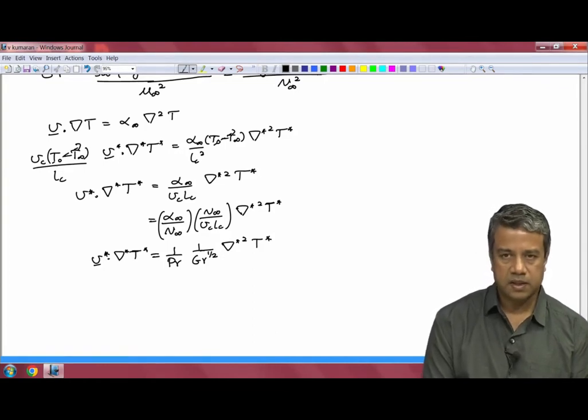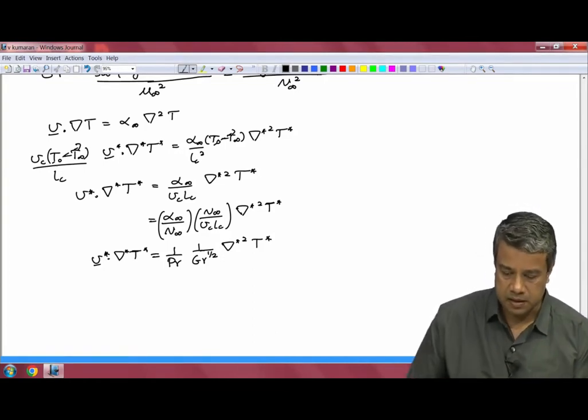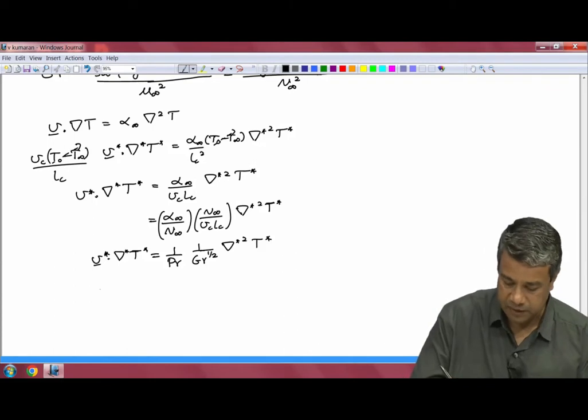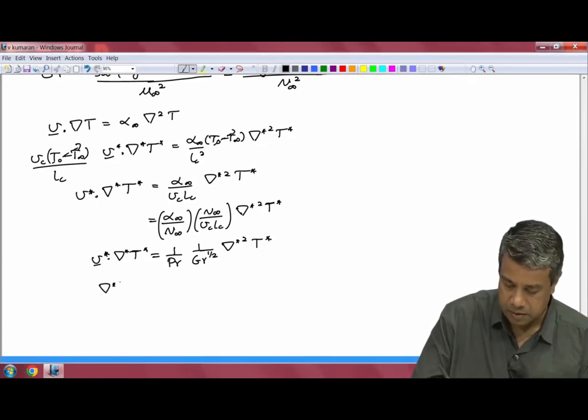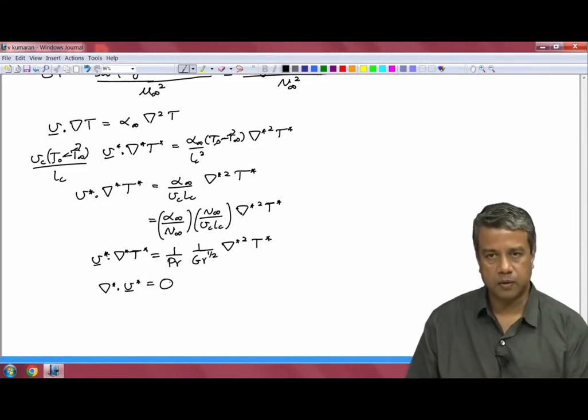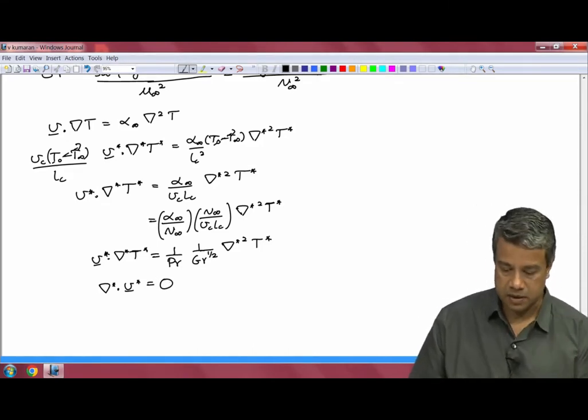So, let me write down once again what are the mass, momentum and energy balance equations in scaled form. That is the mass conservation equation.